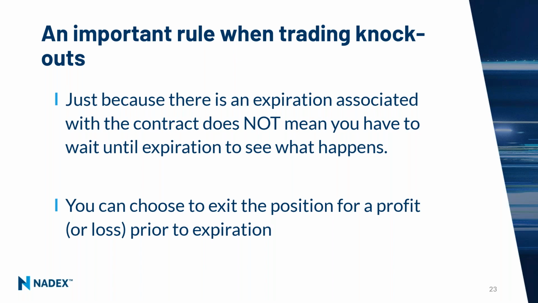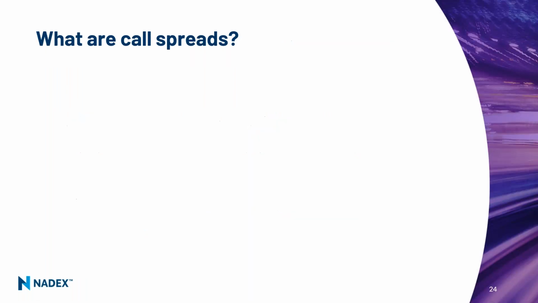If I buy it and it starts going down and I decide I don't like this anymore, I do not have to wait for it to hit the floor to get knocked out for maximum loss. I could simply sell it back out and experience a partial loss. So that is very important when trading knockouts. You do not have to wait until expiration to see what happens. You are allowed to exit a position early if you want.